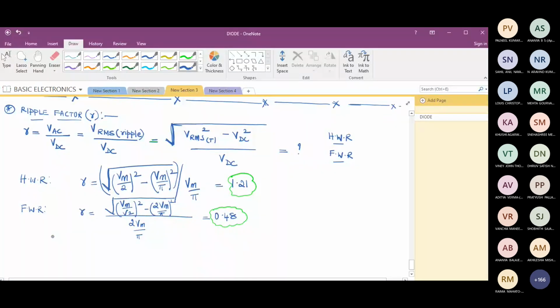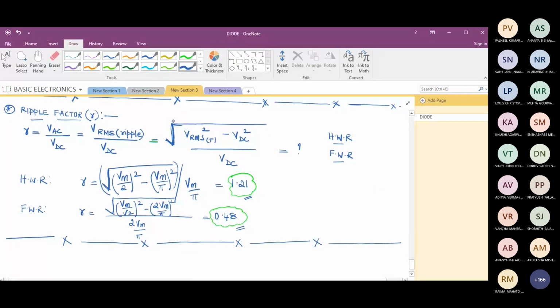What is the significance of this parameter, ripple factor? It tells the quality of the DC output, the constant voltage which we get. Do we come to know how much AC content is present in the signal? The numerator part is VRMS of ripple, the actual AC variation, divided by the VDC part.